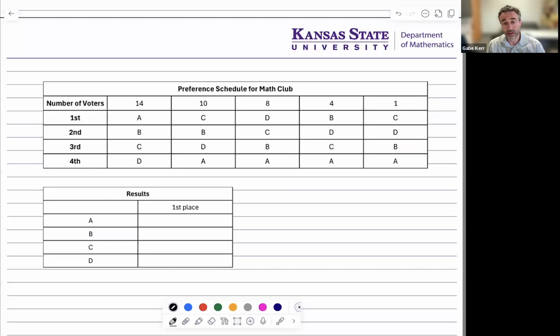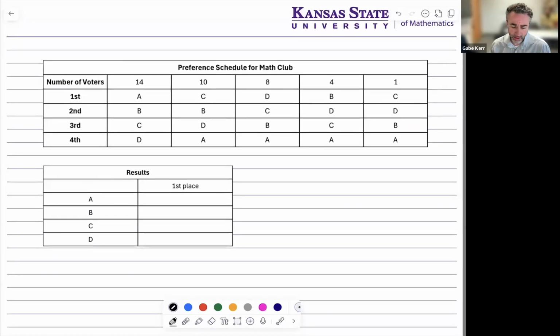It really illustrates a lot of the different features of the different methods for voting. It's based on an example where some math club is voting in candidates, and we arrive at a preference schedule that's written here. I want to go through this example again and make sure we understand the plurality method. And then we'll see, is there a Condorcet candidate in this example?